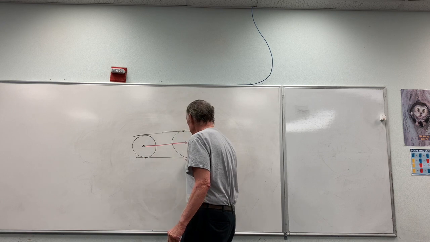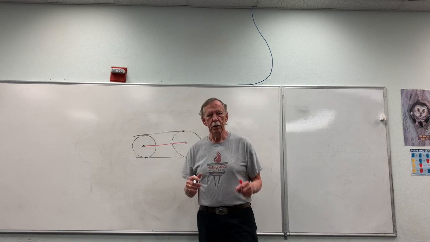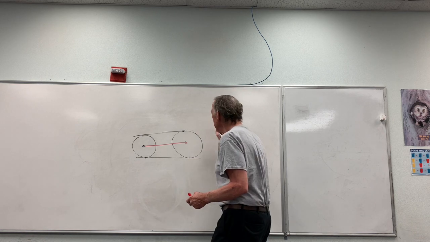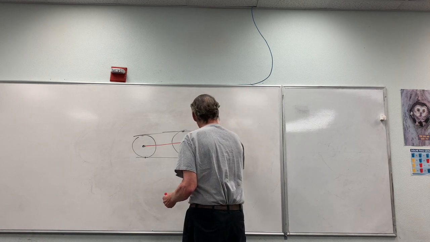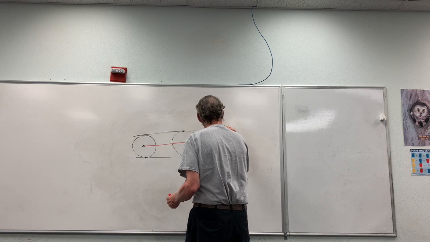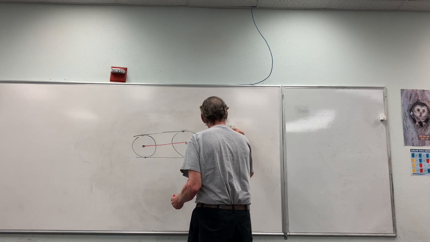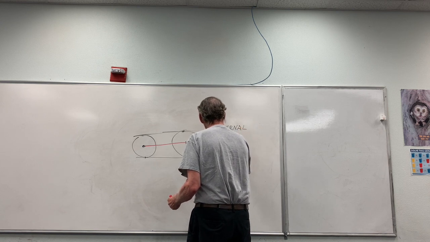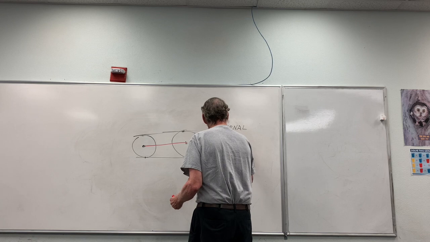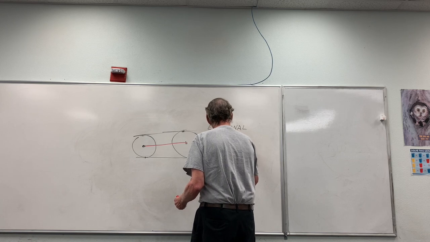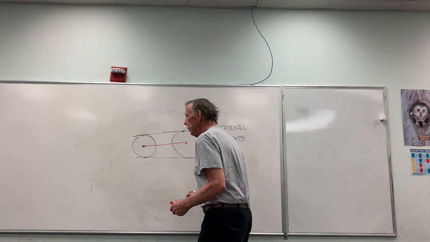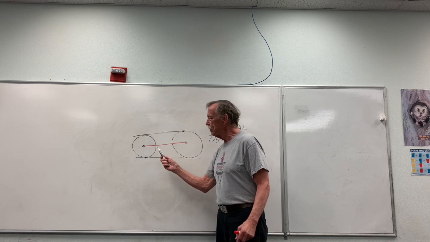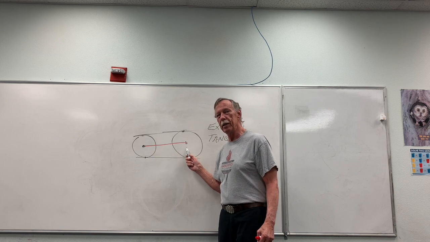These two tangents drawn in the picture are external. The reason that we call them external tangents is because they do not cross this red line.